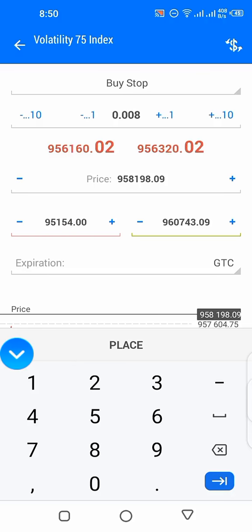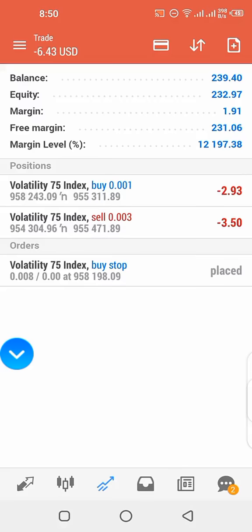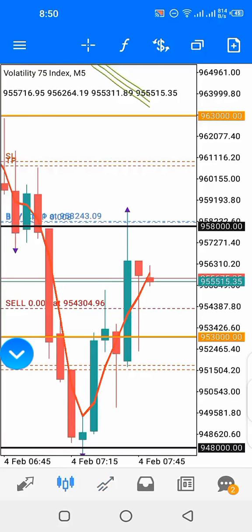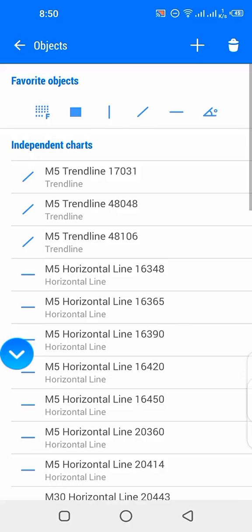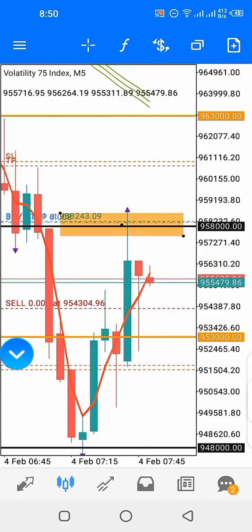So I'm setting the take profit at 2,500 points. I'm also setting the stop loss for the pending order, which is around 6,620 points. Right now you can see how price has moved away from the base.